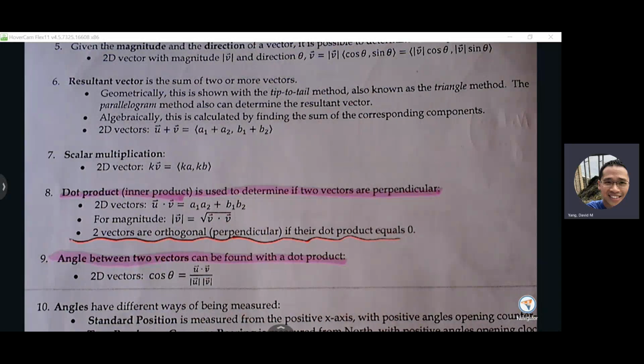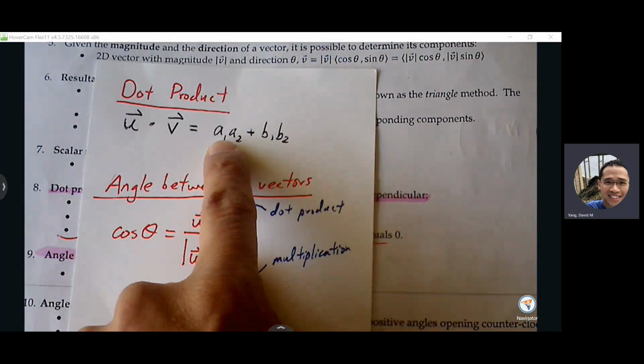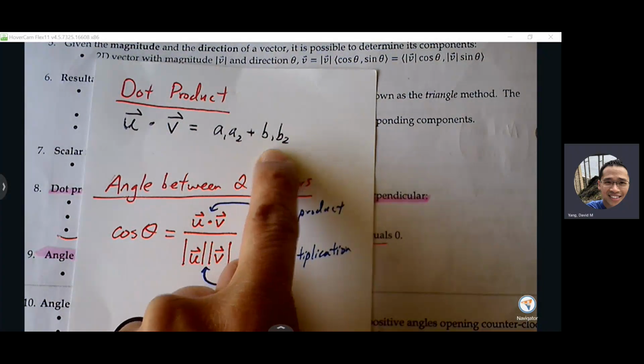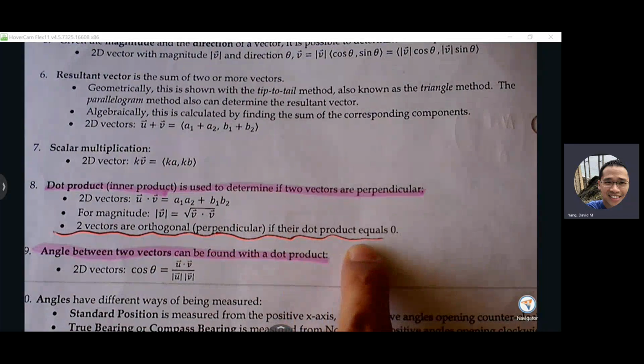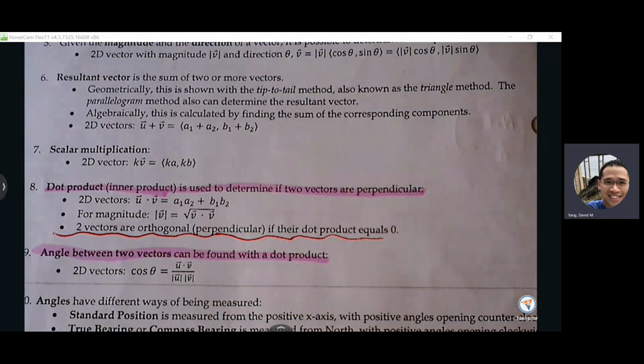Dot product is where we take two vectors in component form, and then we pair the horizontal components together, we pair the vertical components together, and we add them. Okay. So again, dot product is just a1 b1 plus a2 b2. And if their dot product is equal to 0, we know the two vectors are orthogonal.